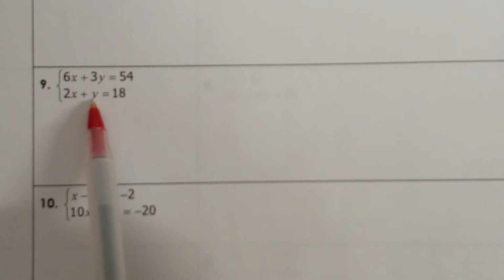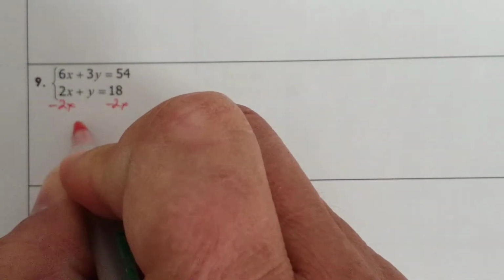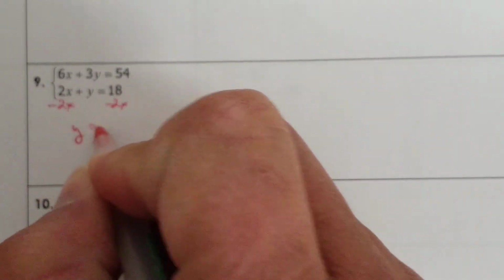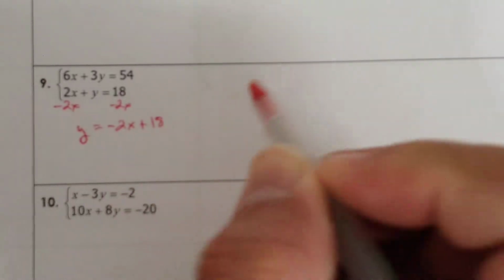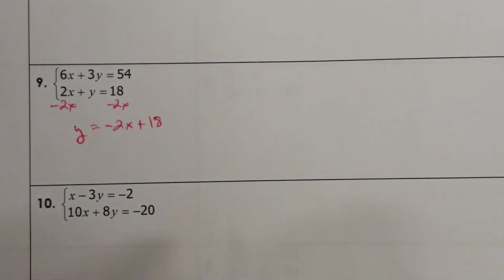Well, I can solve this equation really easily for y, getting y by itself, by simply taking away 2x from both sides. So this second equation, when I subtract 2x from both sides, I'm left with y equals, I'm going to put the -2x in front, plus 18, and now I have an equation that's solved for y.